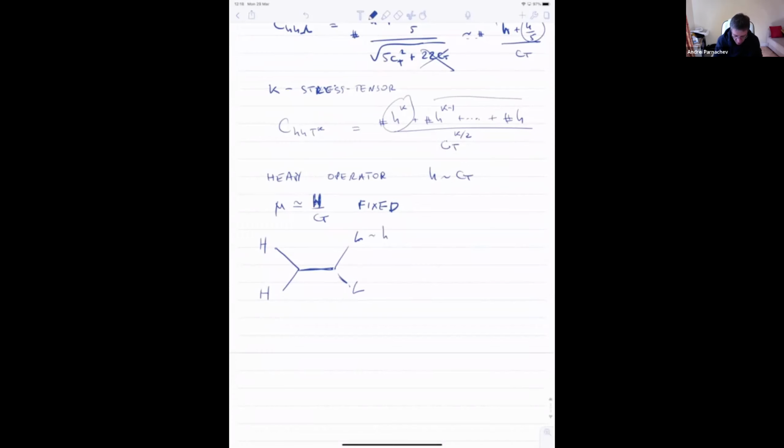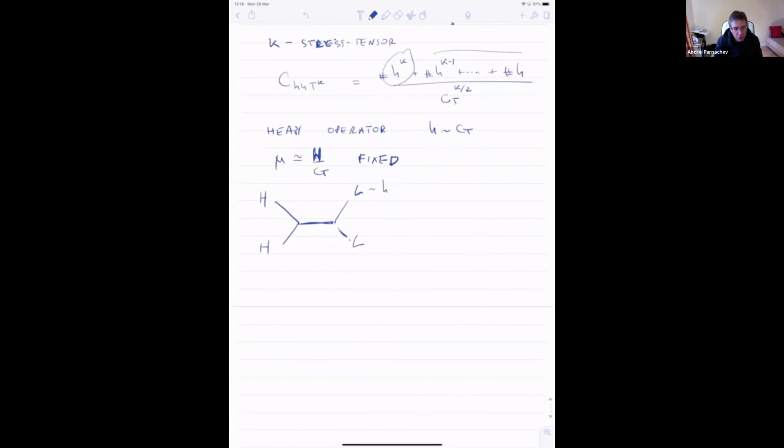Now let's look at the contribution of a given K stress tensor operator to this correlator.